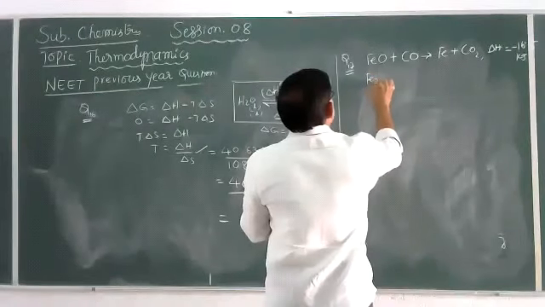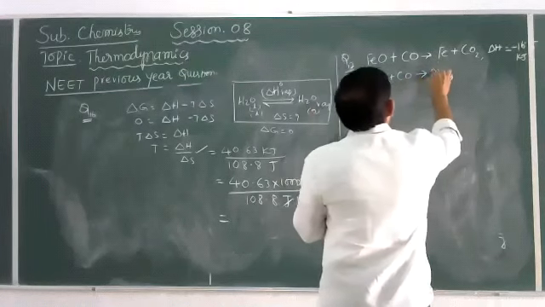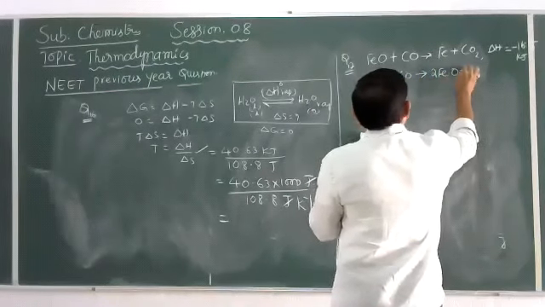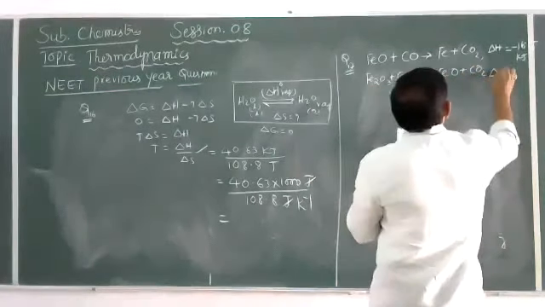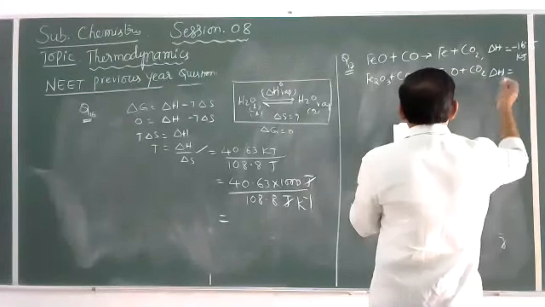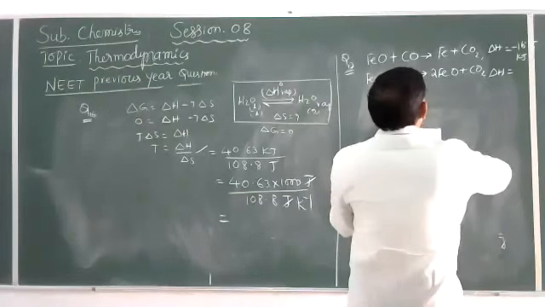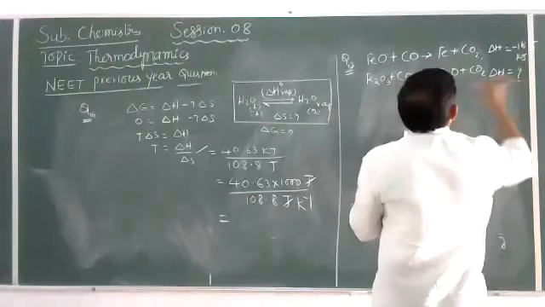The second reaction is Fe2O3 plus CO gives 2 FeO plus CO2, and delta H should be calculated.